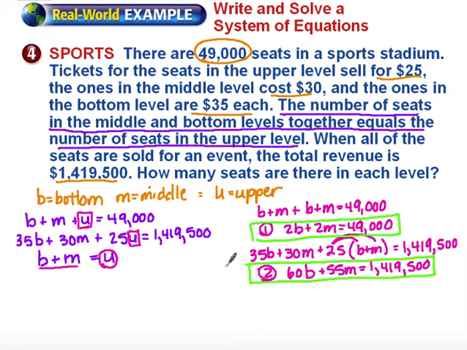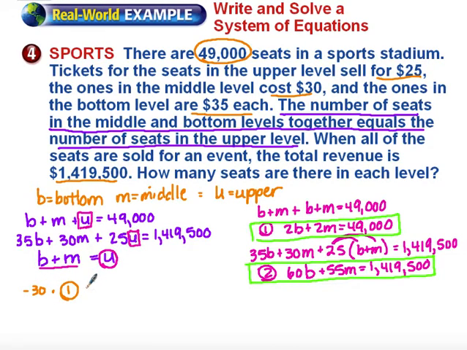Now I'm going to take a look at those and decide, do I want to eliminate b or m? It looks like it's going to be easier for me to do b so I don't have to work with fractions or decimals. So I'm going to take equation 1 and multiply it times negative 30.